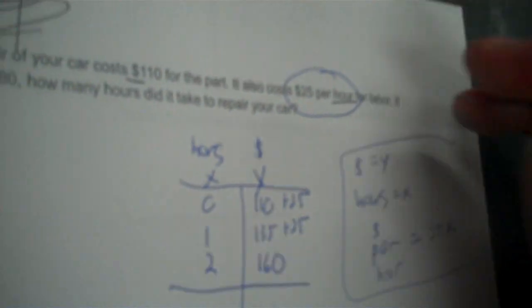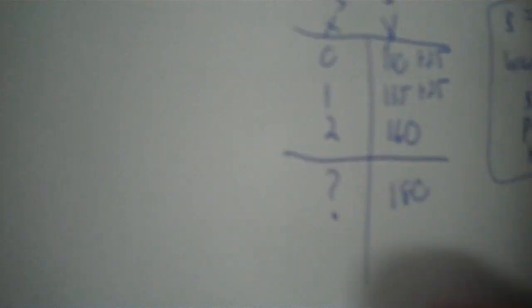So Y is dollars, X is hours, so go 0, 1, 2. So we started with 110, then we add 25. So that's going to be 135, 160, okay? And the bill got to 180, but we don't know how many hours went with it. So that's how we formulate one table.